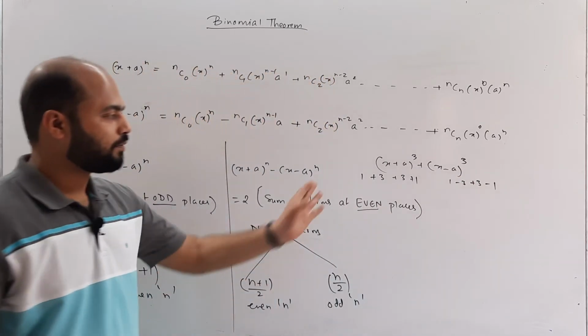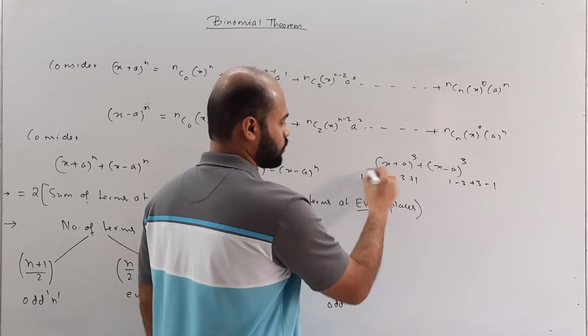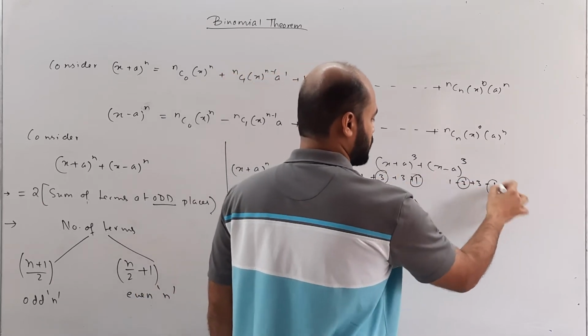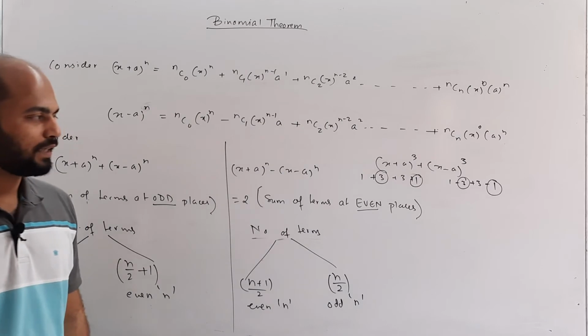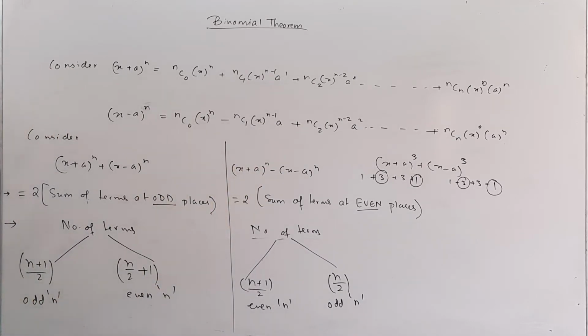So you can clearly see that when both are added, these terms are going to be subtracted, that is this one and this one. So what will remain over here now, you can clearly see that 4 terms are there. In all, we are going to have 4 terms.